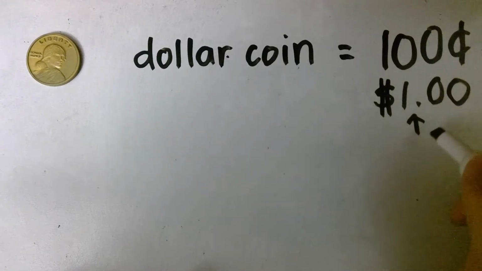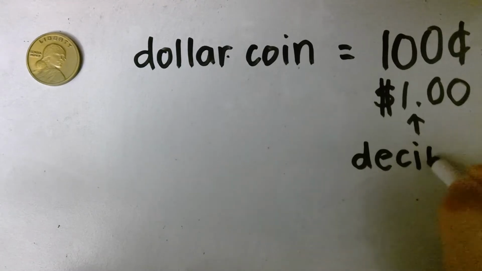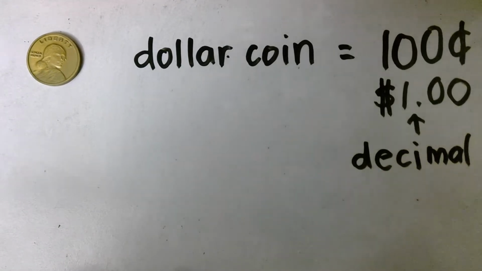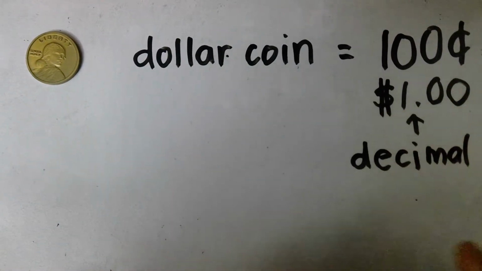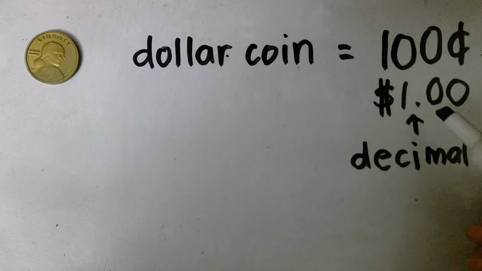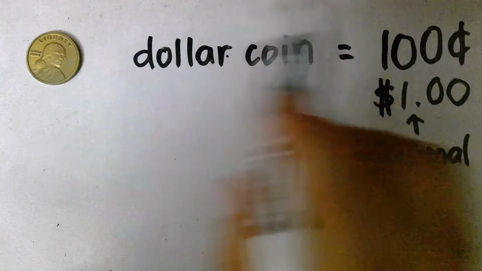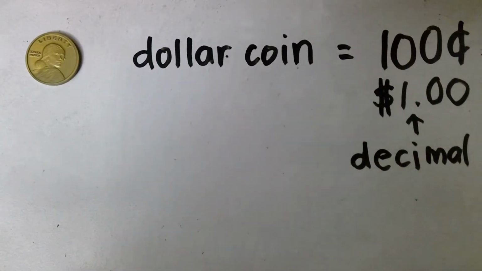This, for those of you who do not remember, is called a decimal. Okay, and a decimal is really important for us to pay attention to with money because it shows us certain values. So for example, a dollar coin is worth 100 cents or $1.